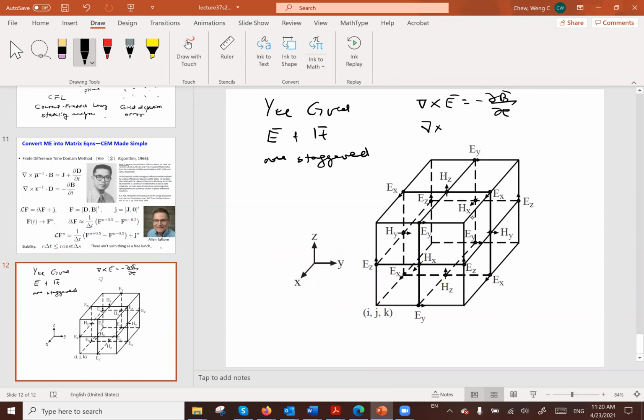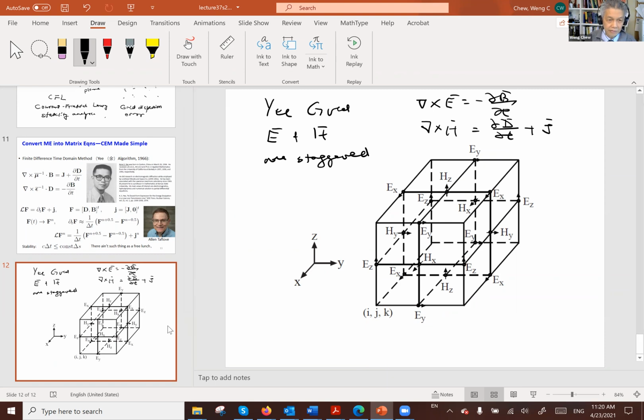Okay, curl of H is dD/dt plus J. So you can see on this grid, curl of E gives you H, and then curl of H, if you can trace the H field going around, gives you E. And these Maxwell's equations are replicated in a very intuitive fashion.